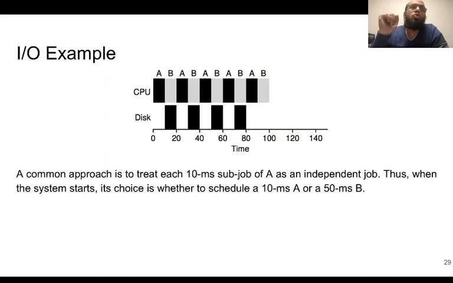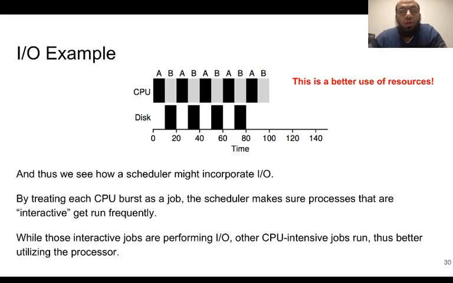CPU is hard to know, but IO is even harder for many reasons. So this is definitely a better use of resources, and this is how most operating systems actually schedule resources.